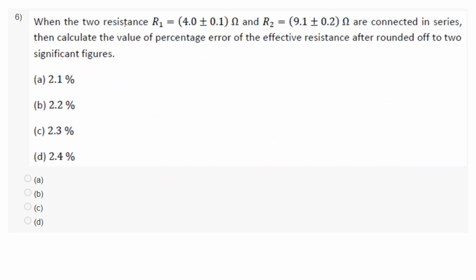Next question is, when two resistances R1 and R2 are connected in series, then calculate the value of percentage error of effective resistance after rounding it off. So here we have to connect these two resistors in series and find out the effective resistance, that is the total resistance.